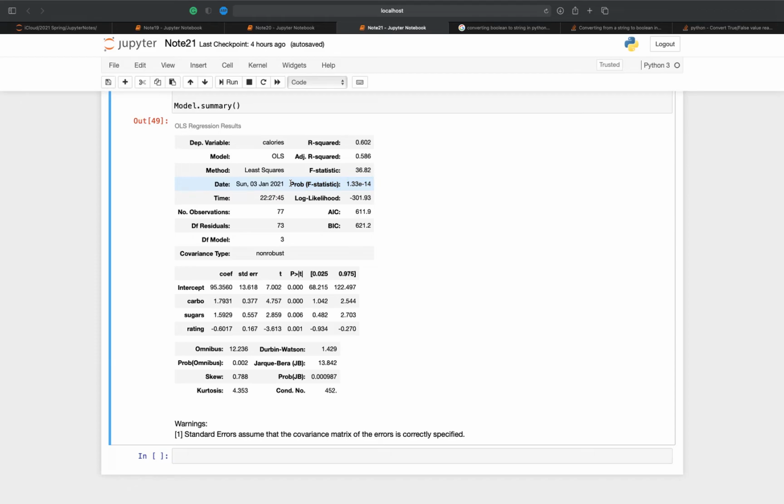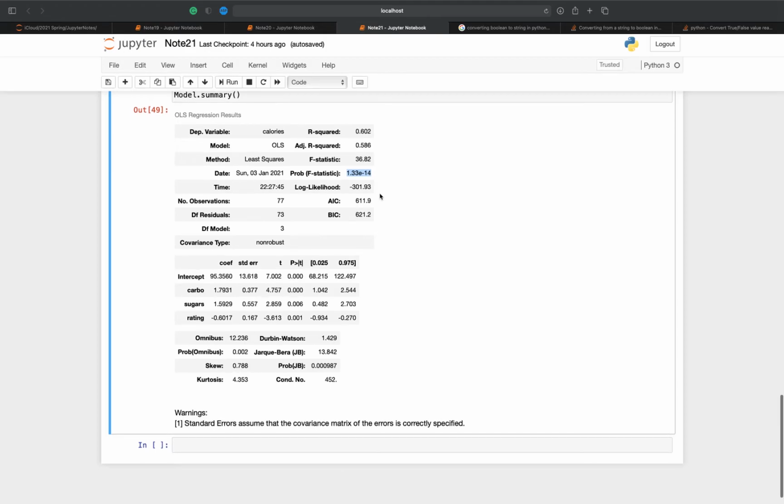So overall it says this model is statistically significant and all the variables are explaining the calorie very well, because the p-value is very small. Do you remember, a small p-value means we are rejecting the null hypothesis and there is an effect of the explanatory variables on the response variable.